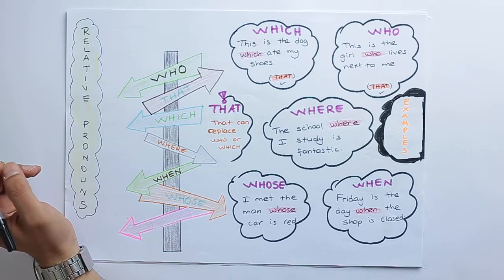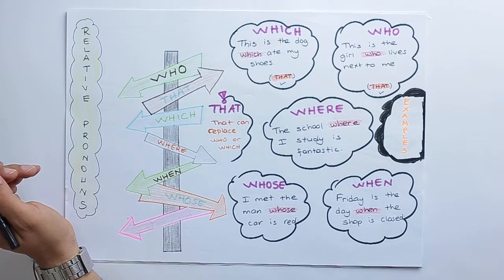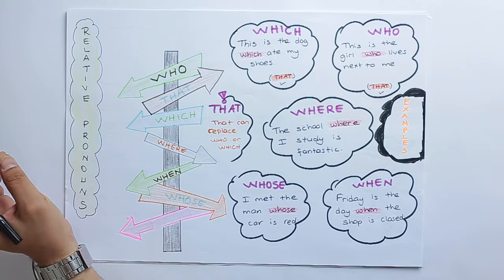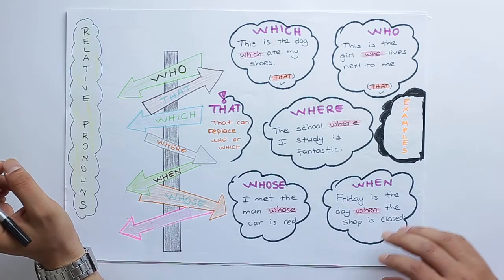Where? The school where I study is fantastic. For whose? I met the man whose car is red. For when? Friday is the day when the shop is closed. These are the examples for which, who, where, that, whose, and when.